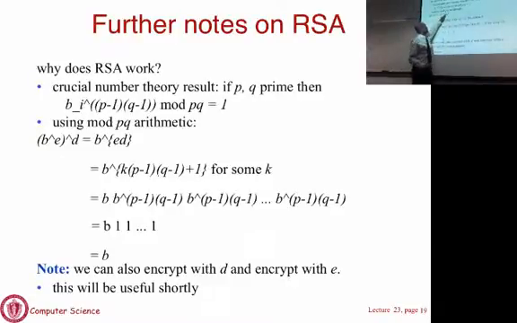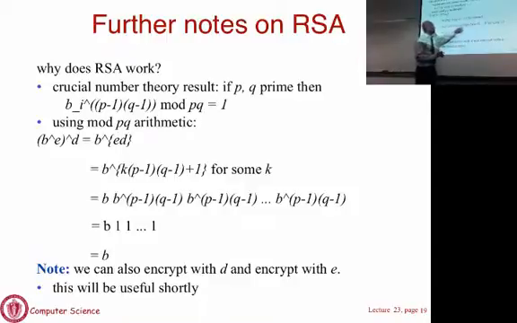So B to the power ED is B to the power this, for some K. Then you take that plus 1 and take B out, and now you get B to the power P minus 1 times Q minus 1, and so on K times. But as we said, that result, B to the power P minus 1 times Q minus 1 mod PQ is 1, with the mod not shown there.